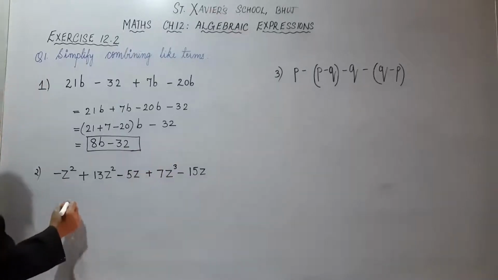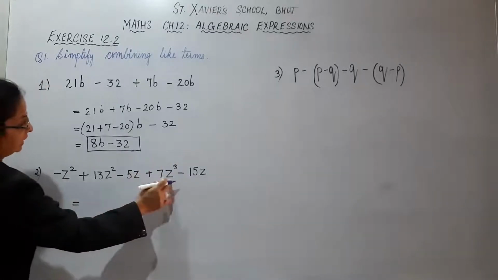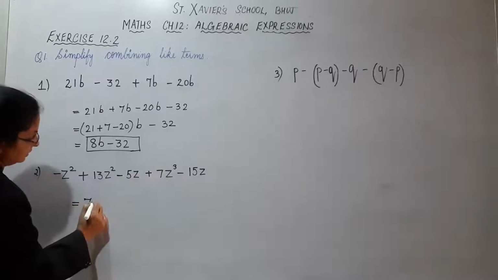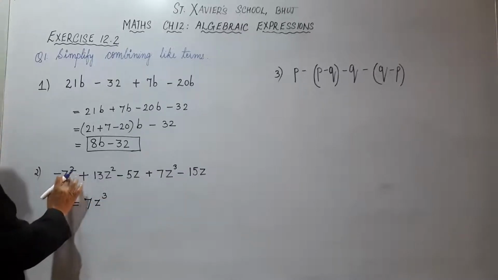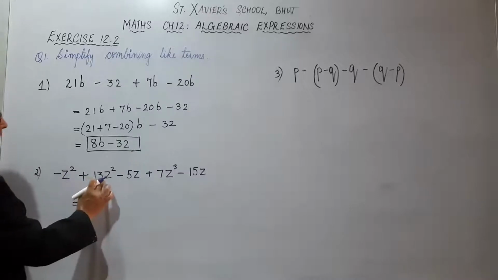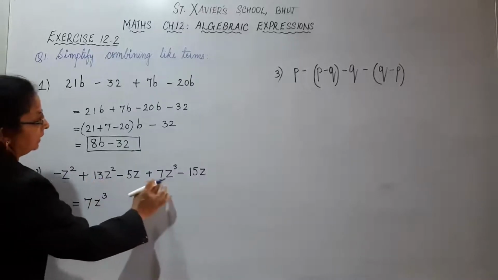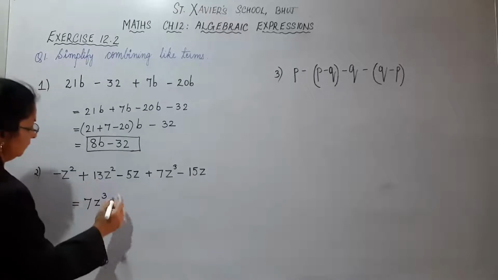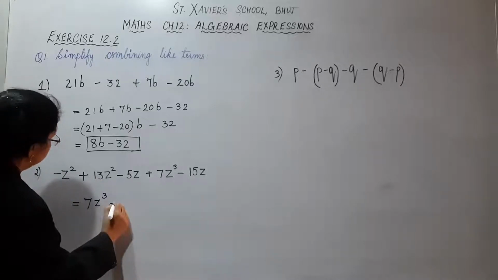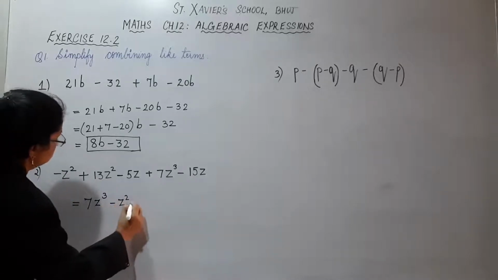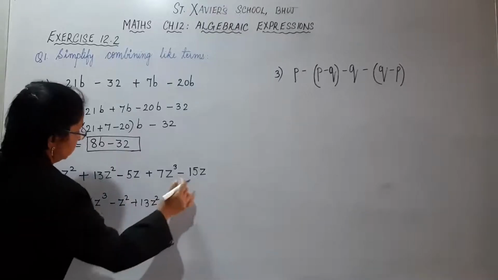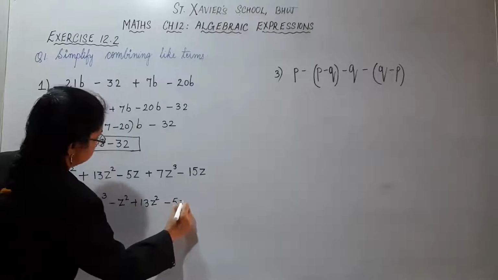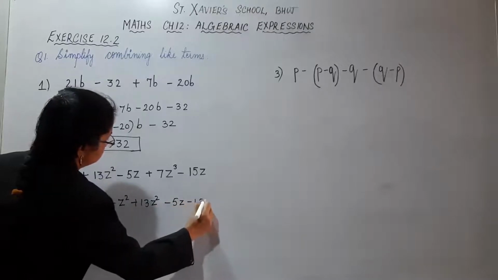So we have to take the highest power first. 7z cube. Now like terms of z square: minus z square and 13z square, only these two. So we will take minus z square plus 13z square. Now minus 5z minus 15z.